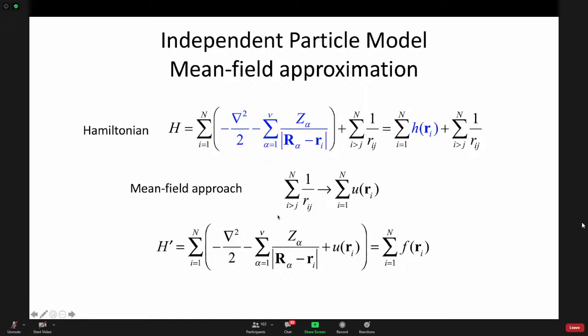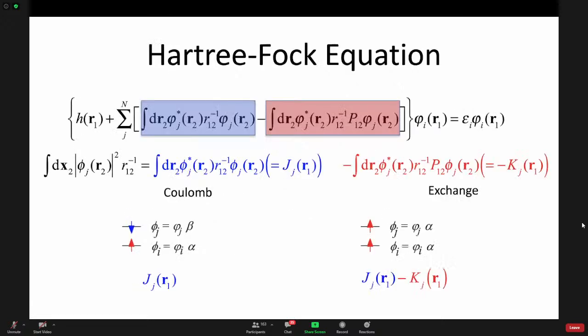By doing that, we can substitute this with a one-electron function. Now it's like this, so it'll be a bit easier to solve. And by using that, we get to the Hartree-Fock equation like this. You don't have to understand it in detail, just the essence.